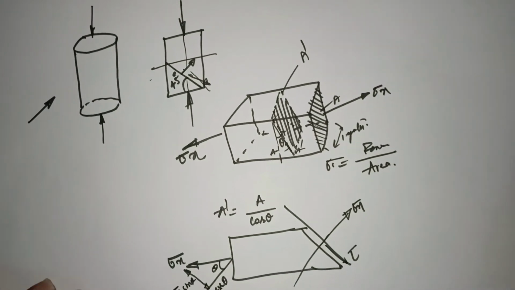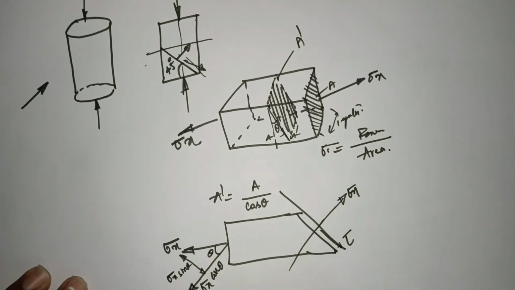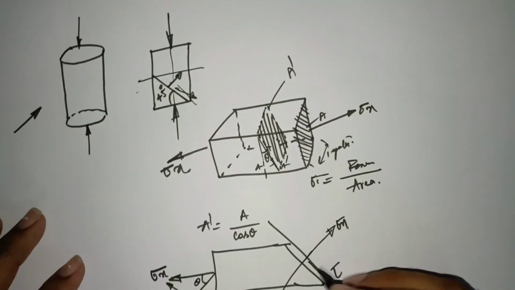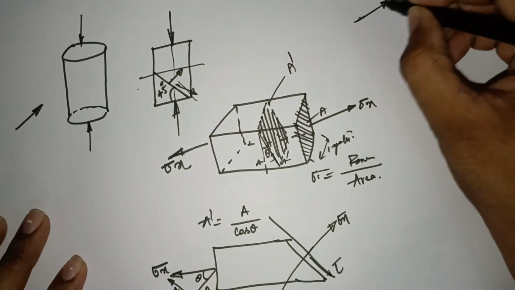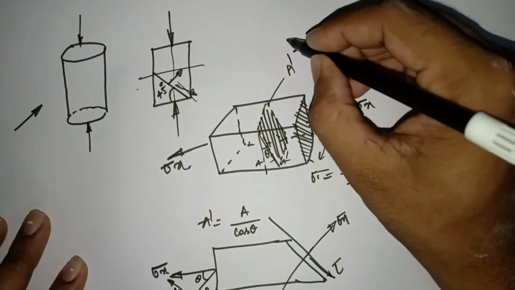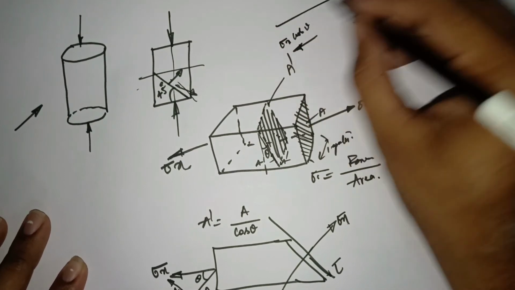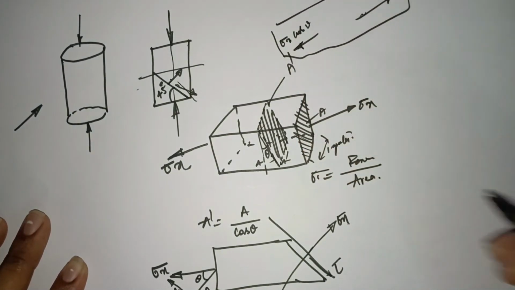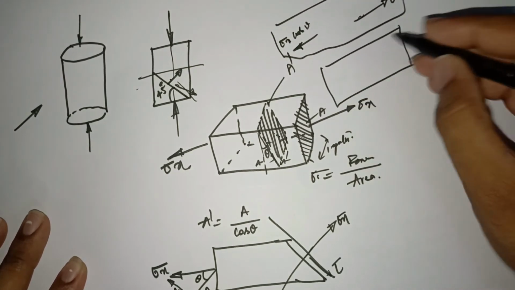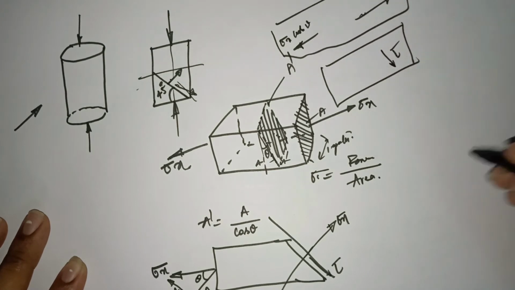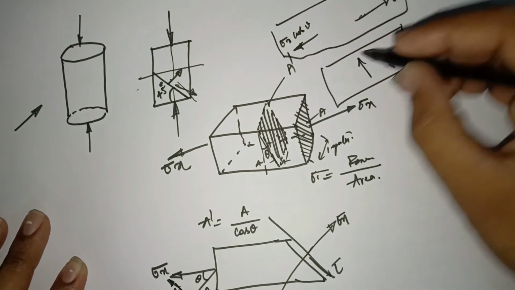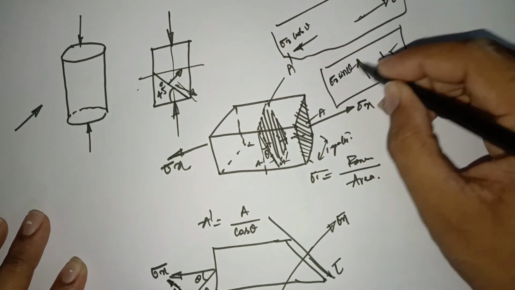So let's put them in the equation form. Here, opposite to this one, sigma x is acting in this direction, and sigma x cos theta is acting in this direction, and tau is acting in this direction, and sigma x sin theta is acting in this direction.